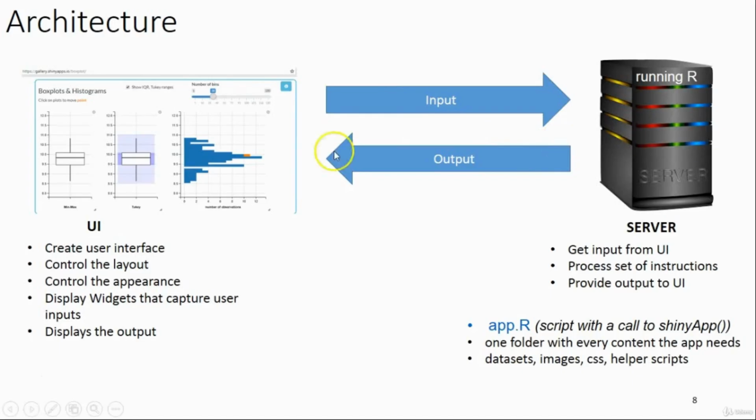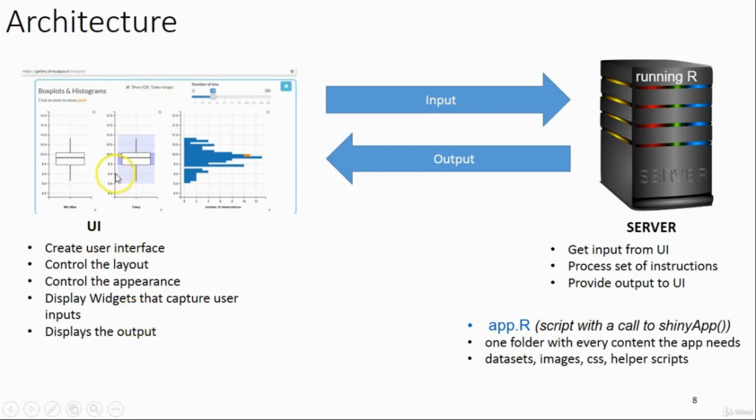In case of UI, the user interface, it is mostly responsible for creating the user interface, controlling the layout, controlling the appearance, and displaying widgets like any kind of input, and displaying the output.